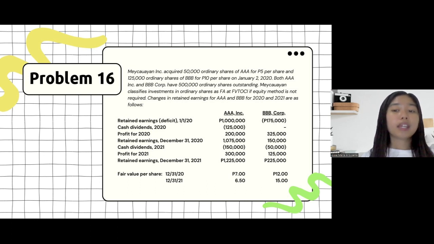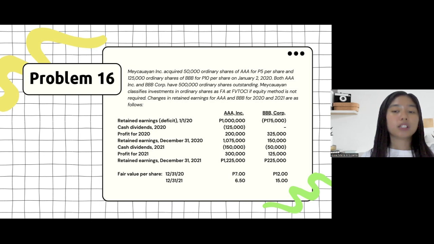Both AAA Incorporated and BBB Corporation have 500,000 ordinary shares outstanding. Maykawayan classifies investments in ordinary shares as FA at FVTOCI if the equity method is not required.